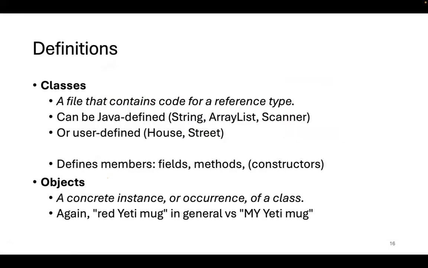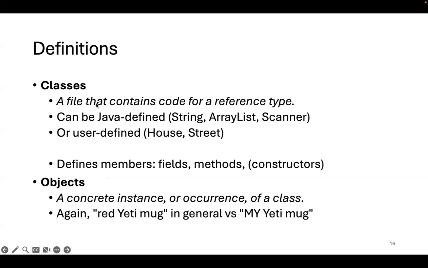So far we have been working with classes, where we create a new class and that creates a .java file. And so a class is a file that contains code for a reference type. And this is true for all the classes that we've written so far, even though we're doing just scripting so far.